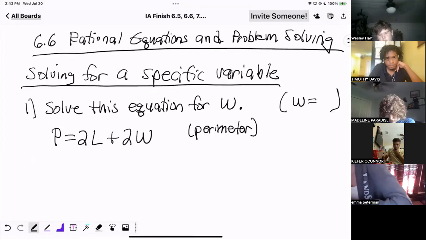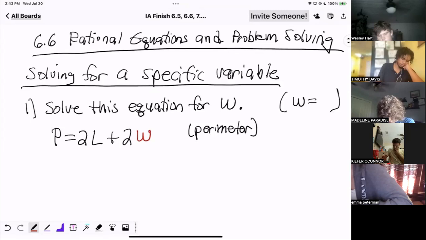The important thing is that we're solving for W. So when you first do this, if you haven't done it in a while and you're not sure, I highly suggest you do the following. On your paper, grab a colored pencil or a pen, something a different color. Wherever the variable is that you are solving for, make it a different color. Make it stand out. It helps your eyes focus on what you need to do.